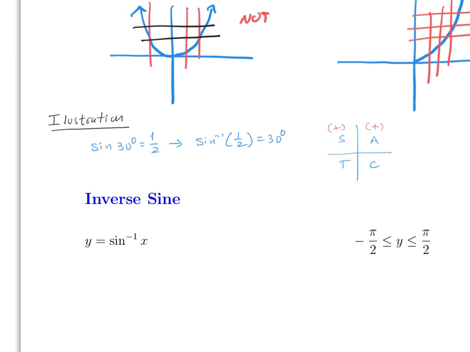But in order to be 1 to 1, to pass this test, you can only use one positive and one negative. So therefore, for sine inverse, if it is positive, it's going to be here, and if it's negative, it's going to be here, which is exactly what this means.